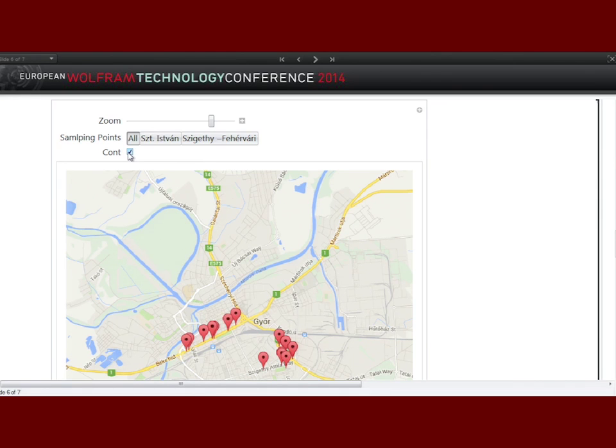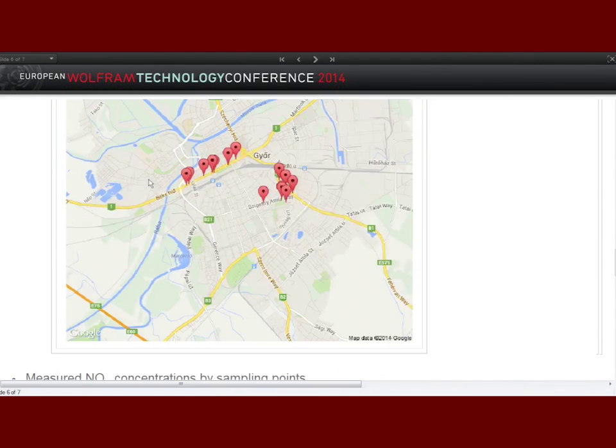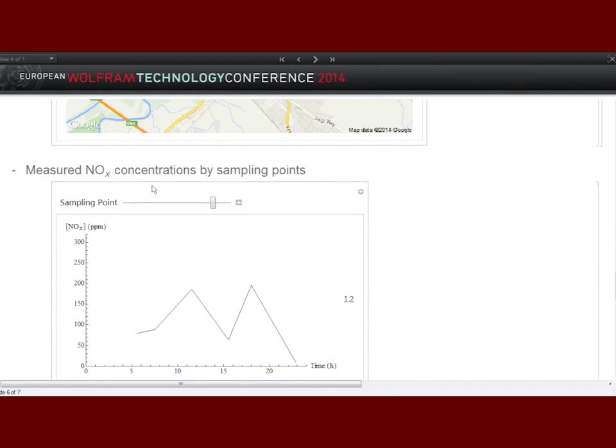So we can easily distinguish the container data from our sampling data, because we had only 6 data points a day, and the containers have, here I used, quarter-hour data. Here we also have some sampling points, and the daily profile of each sampling point can be investigated.